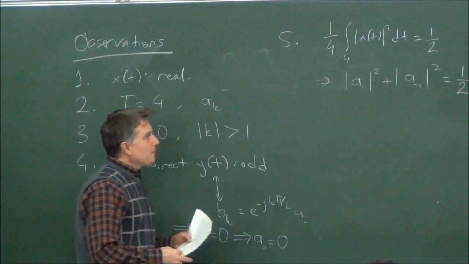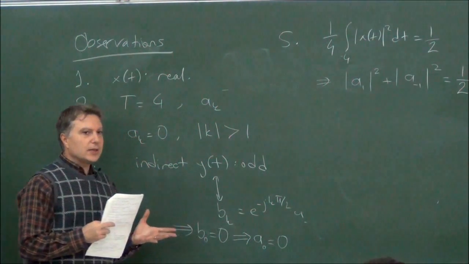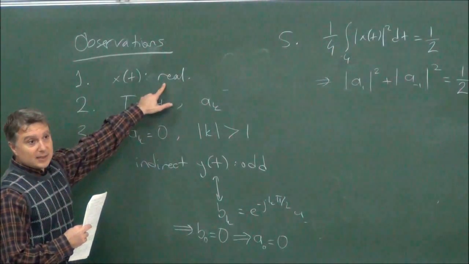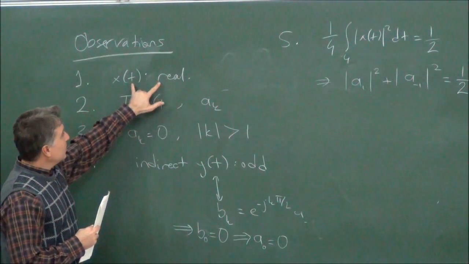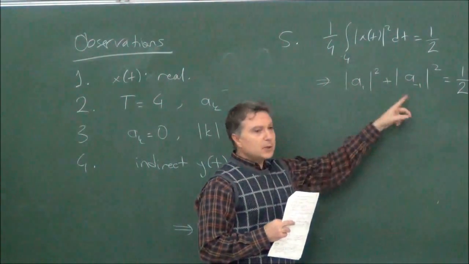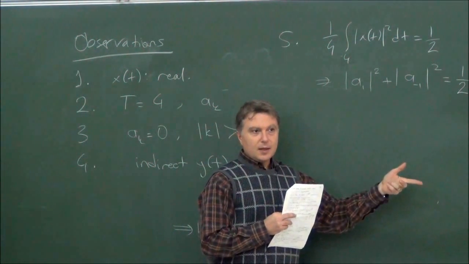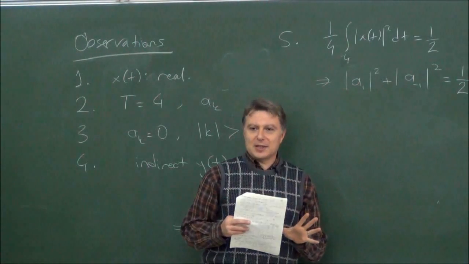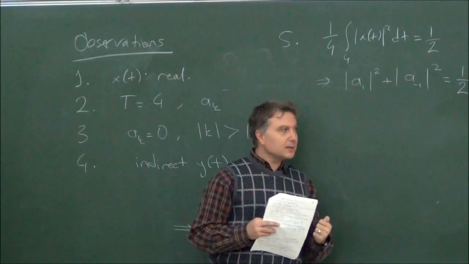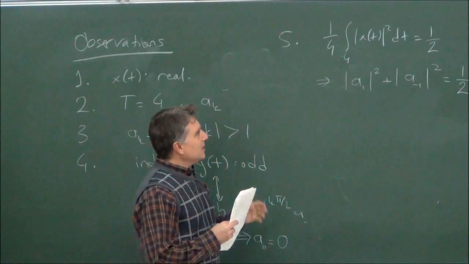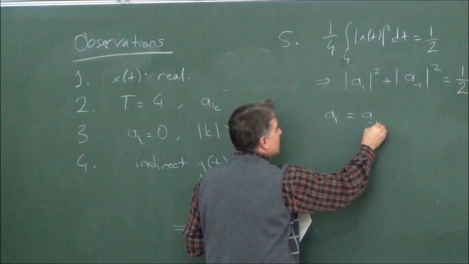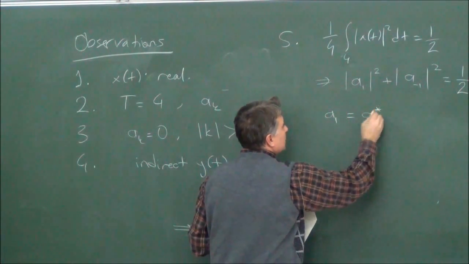And since it's a sinusoid that we're looking for, from conjugate symmetry, because it's a real signal, A1 and A minus 1 must be conjugate symmetric. They can be equal if it's a cosine. They can be negatives of each other if it's a sine, but otherwise we know that A1 is A minus 1's conjugate.